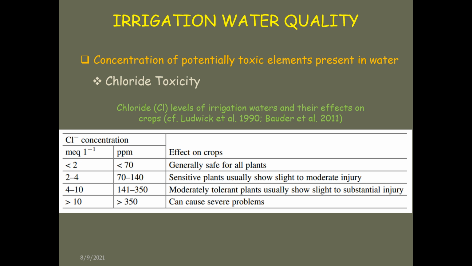If it exceeds the permissible limit, then it starts creating problems with the soil and affects the plants' growth. So whenever we provide water to the plant, we must know the chlorine concentration. If it is lower than 70 parts per million, then it is generally safe for all plants. But as it increases, the effectiveness on crops is reduced. Correct.